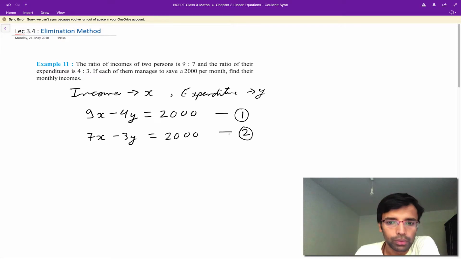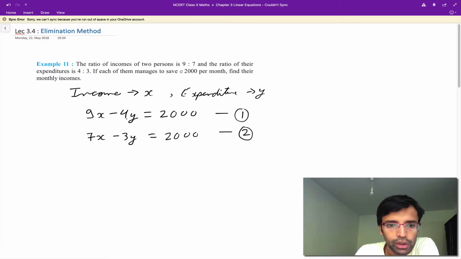Now what do we do? We want to eliminate one of the variables, either x or y. In this case, it's easier to eliminate y. So what we do is multiply both of these equations with some non-zero constants so that they will have the same coefficients.